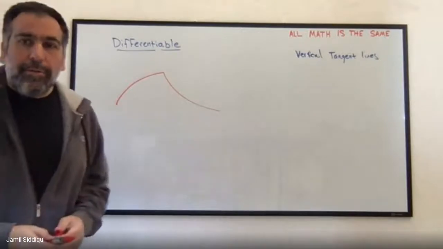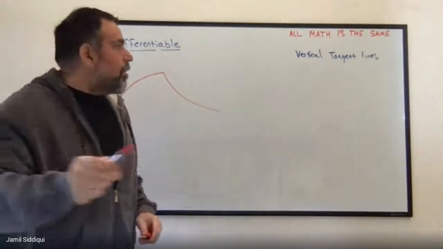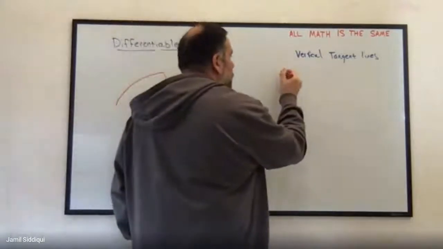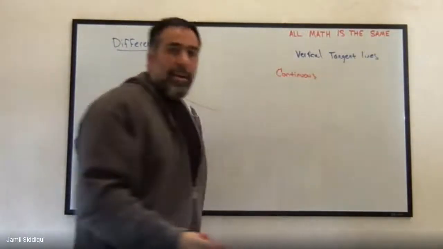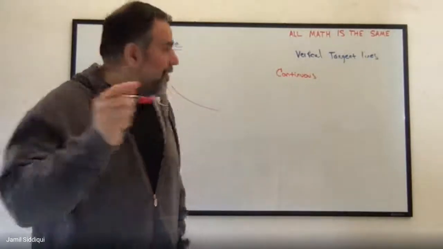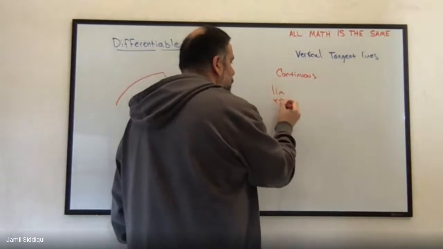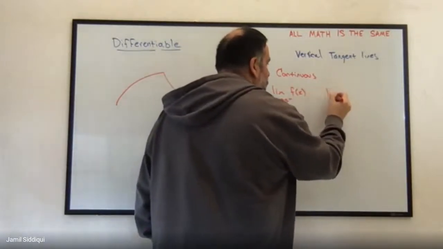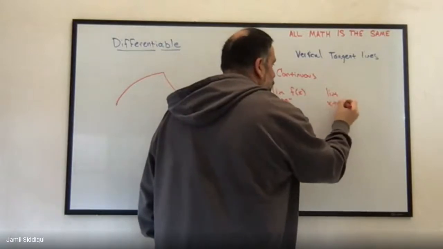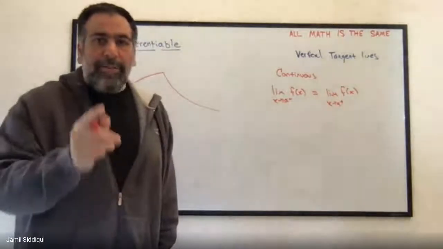Now let's talk about continuity for a second, because differentiability is built on top of continuity. If we're talking about continuous, think about what our definition of being continuous is. A function is continuous if the limit as x approaches a from the left of that function, and the limit as x approaches a from the right of that function are equal. Okay, now that's a start.